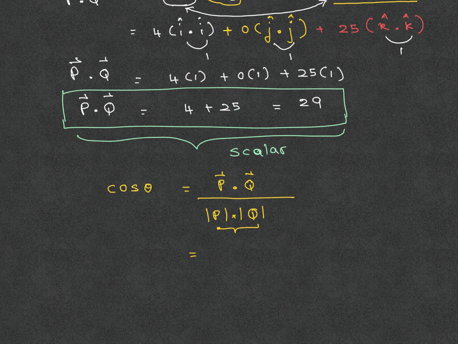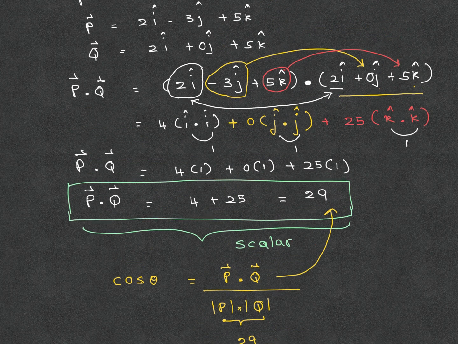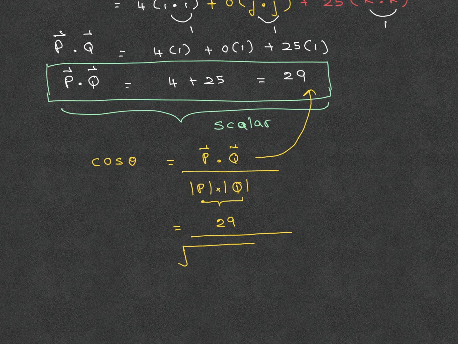So here, since we already know P dotted to Q from here, you can simply write it as 29, and then the magnitude of P is taken as square root of, let's see what P is, 2 square. I like that example because you have a negative 3 next, plus negative 3 square plus 5 square.